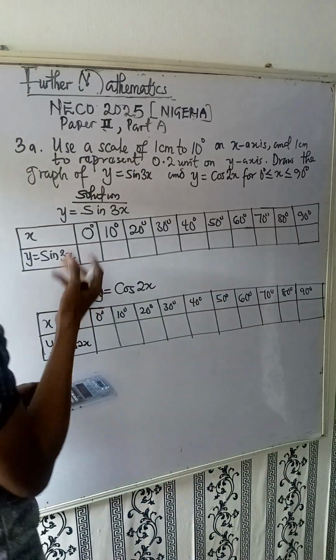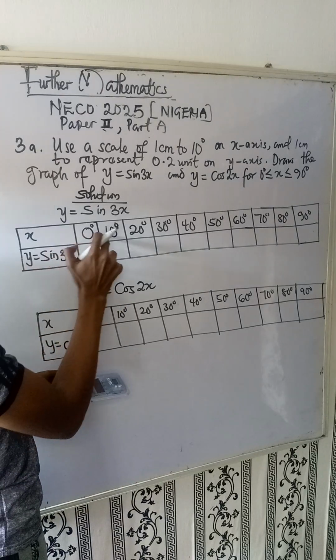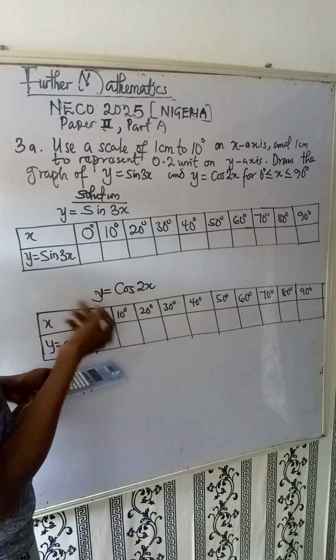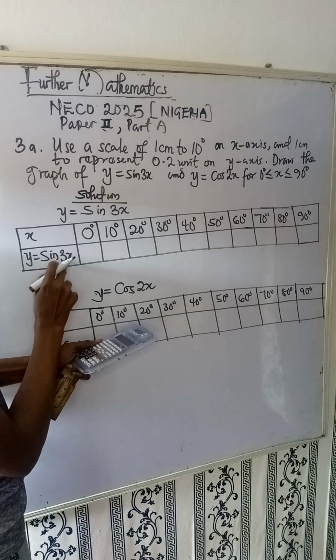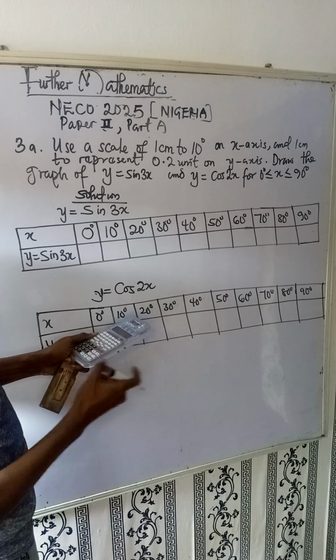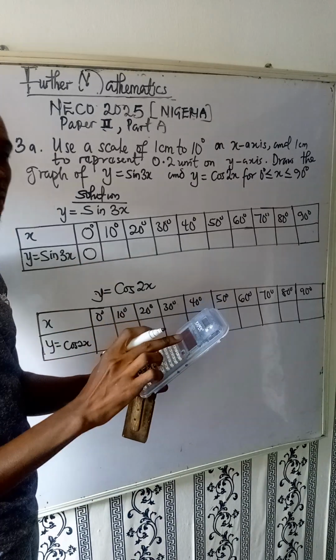Alright, after doing this, what you just need to do is multiply 3 by each of these values, then you are going to find the sine. I will explain the first one to you. You press 3 multiplied by 0, that is 0. So you find sine 0, and that will give us 0. Make sure that your calculator is in degree.